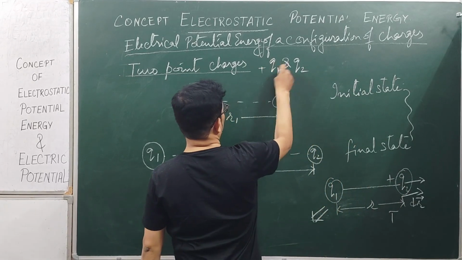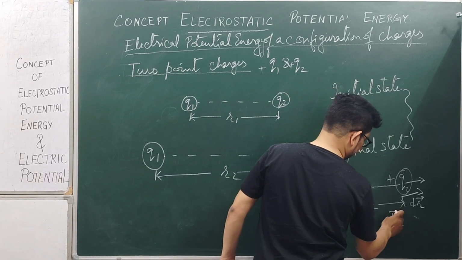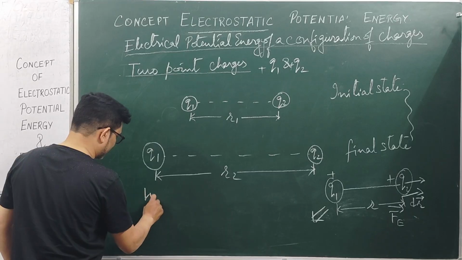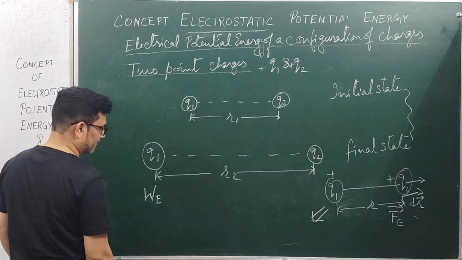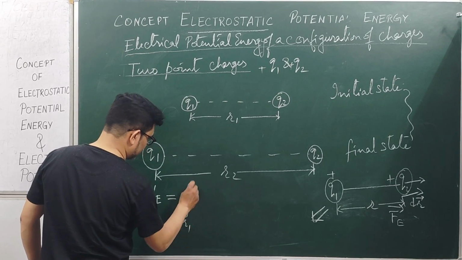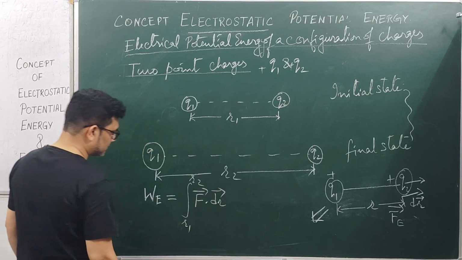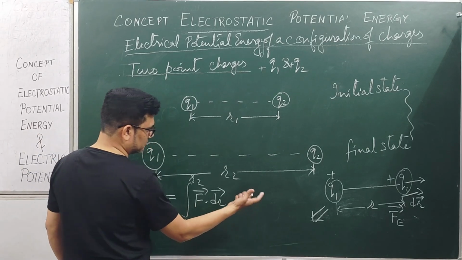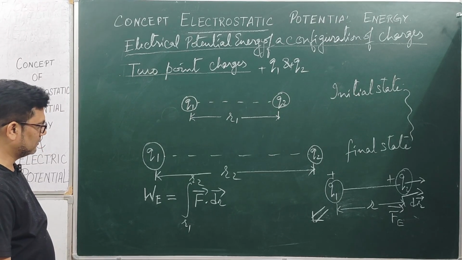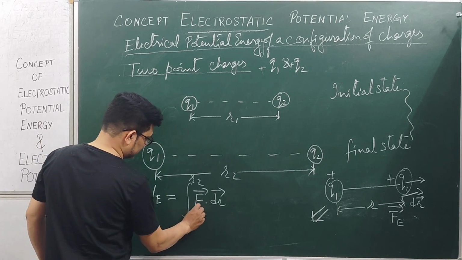So here Fe would be repulsive in this direction, and the dr is also in that direction. Therefore the work done by the electrostatic field is going to be the integral from r1 to r2 of F dot dr. We can write this as F dr cos 0, which is F dr, the dot product result. So work done is going to be this, and this is Fe.